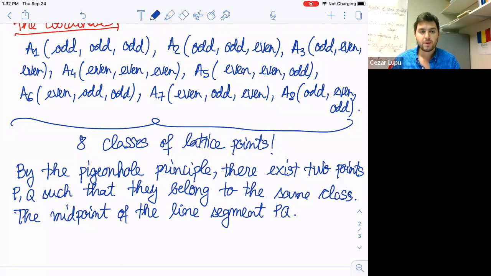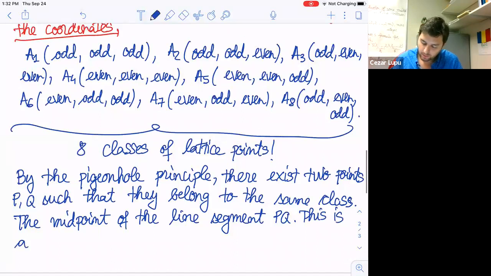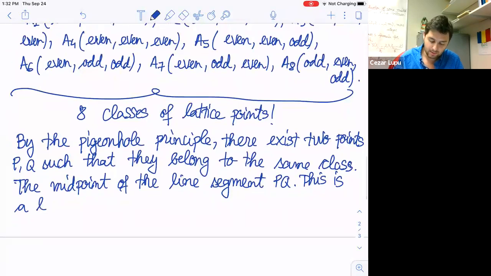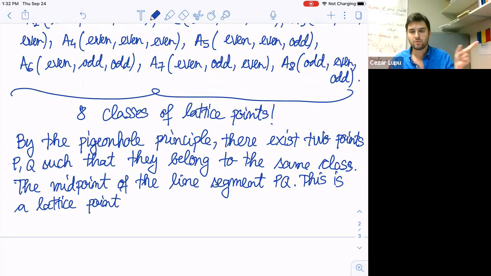Since P and Q are in the same class, this is a lattice point. Keep in mind that for the coordinates of the midpoint, you just divide each coordinate by 2. Okay. So this is a lattice point, we're done.